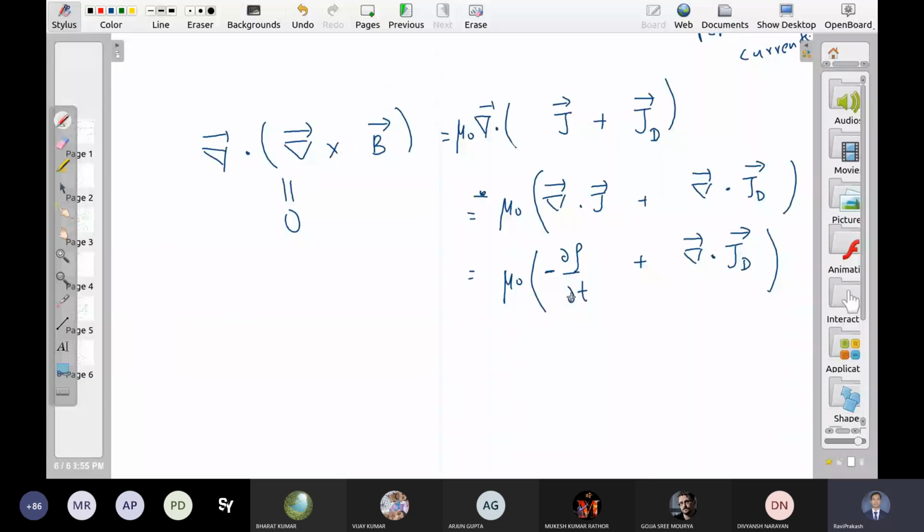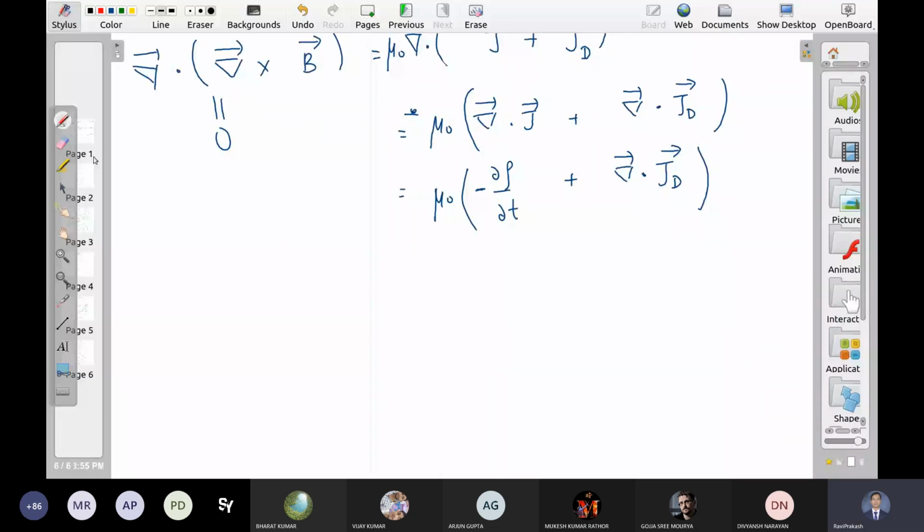So how do I make it 0? Obviously, divergence of this new current must be equal to del rho by del t. Agree? Then only I will have left hand side equal to 0.